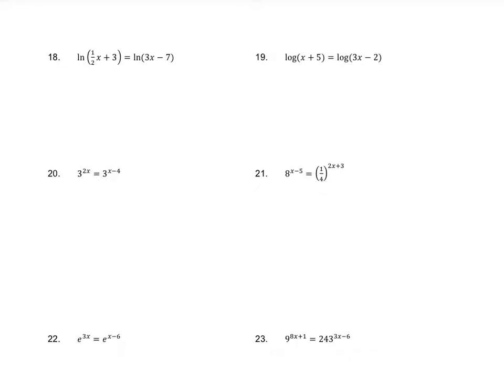And our final page, both sides have natural log, so we can again set the parentheses equal. We're going to subtract 1/2 x. So that's 6 halves minus 1/2 is 5 halves.